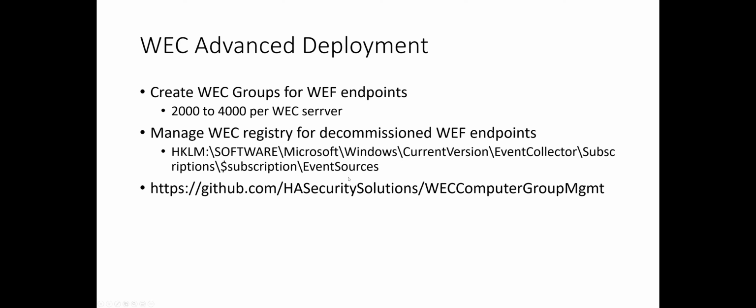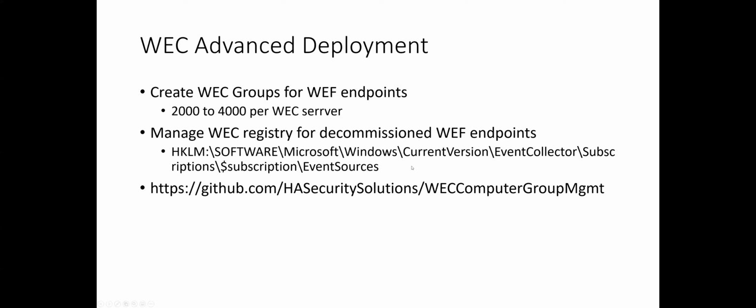Another interesting thing here. As you scale up these endpoints, each endpoint has a registry entry in the WEC, and as thousands of endpoints come in, this registry key is going to have these endpoints added to it as an event source.